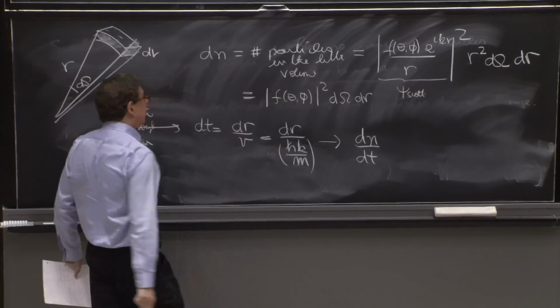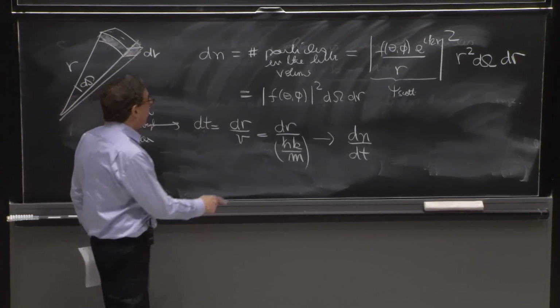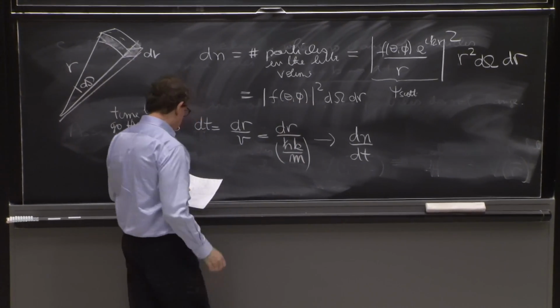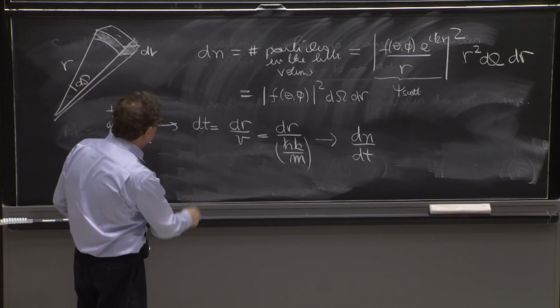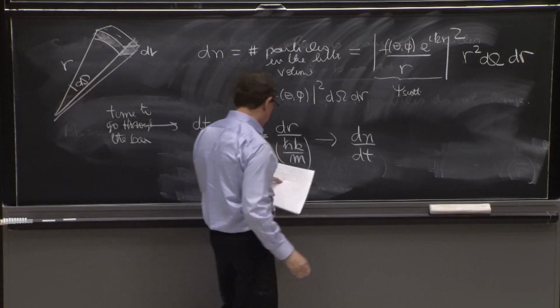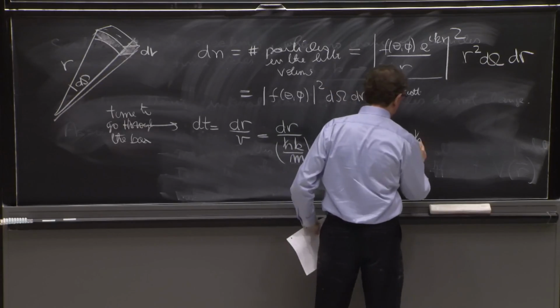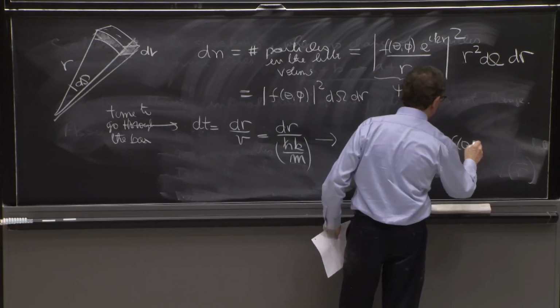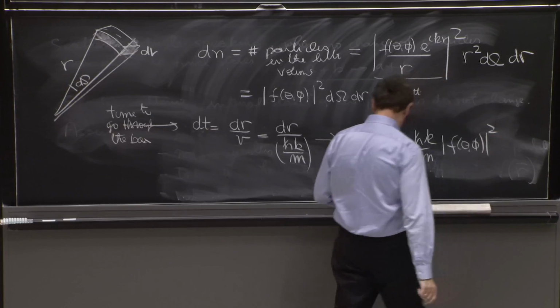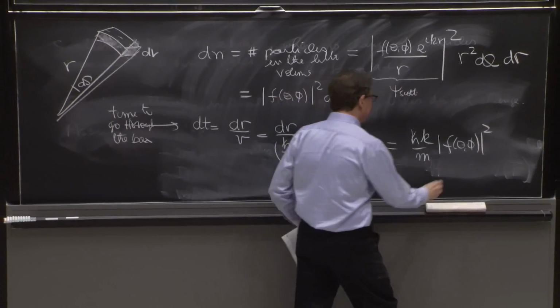And what do we get? The dr cancels, and we're dividing dn dt. This factor goes into the numerator, so we get h bar k over m f of theta phi squared d omega.